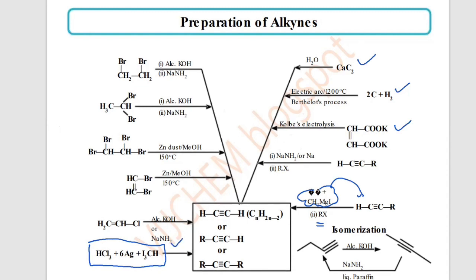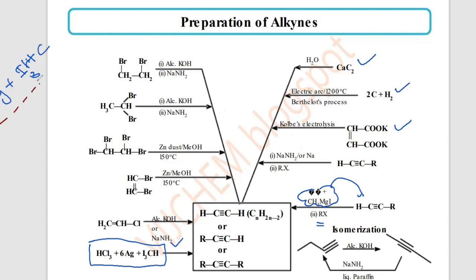So 6 moles of silver, CHI3. So another CHI3 like this. So in this reaction, what will happen? 6 moles of silver will combine with 6 moles of iodine.